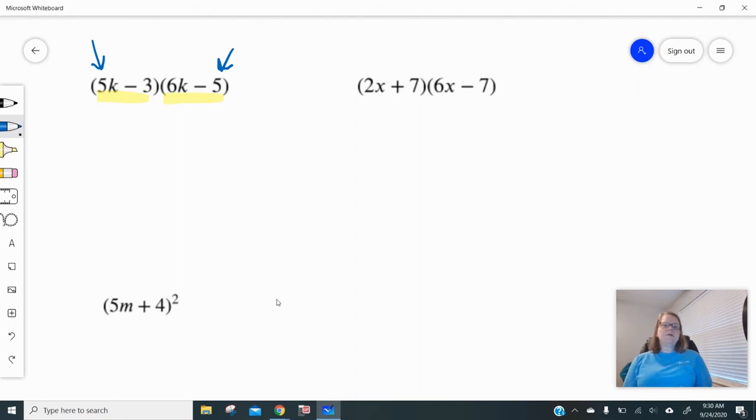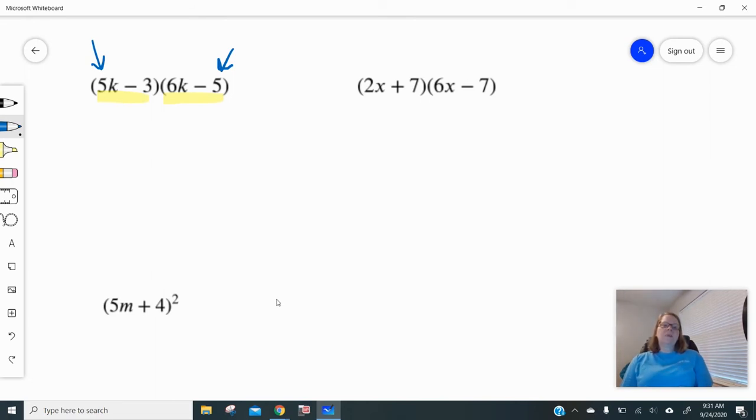All right. So what we're going to do is use that distributive property again. And we're going to set it up in a way that, by stacking the like terms, I think has made a big difference for all of my students who struggled with this and were putting stuff in the wrong places and skipping stuff and missing stuff.